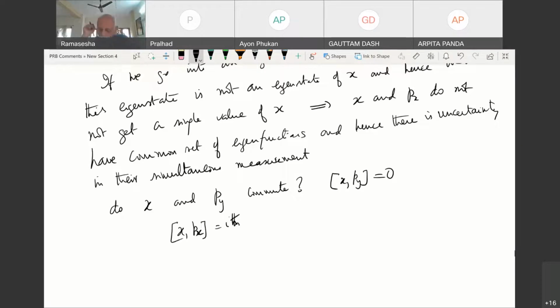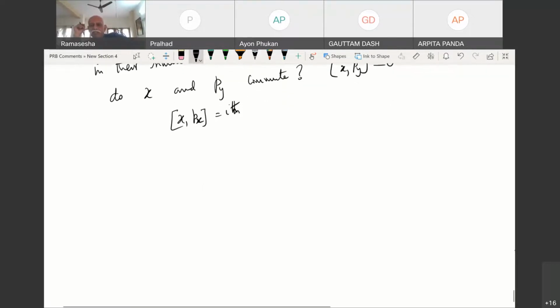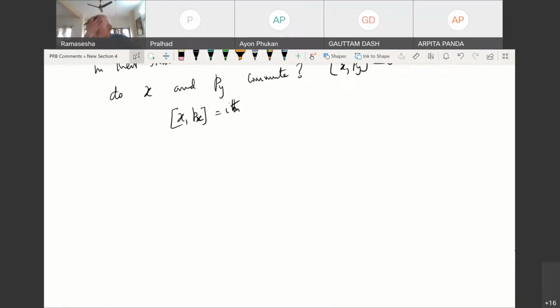So you cannot measure X and Px simultaneously without any error, but X and Py you can measure simultaneously without any error. Okay, any questions?